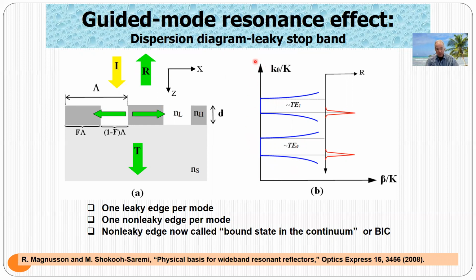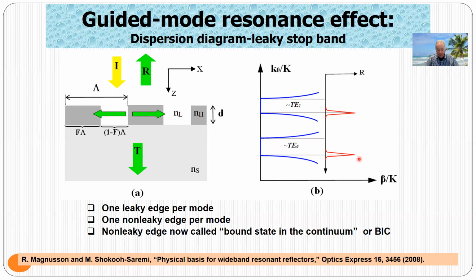This is essentially frequency, and this is wave number. Each mode that is supported has a different resonance frequency here and here, and they have their own band properties shown schematically here. This is not computed, this is just schematic.